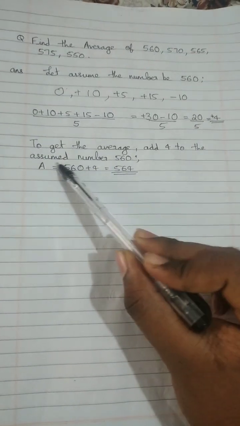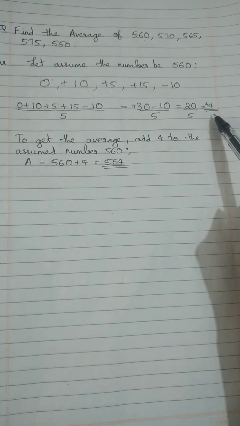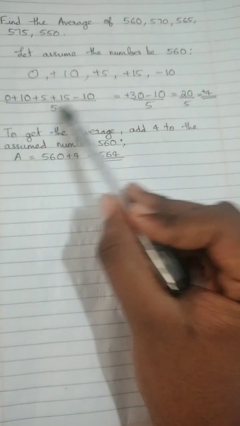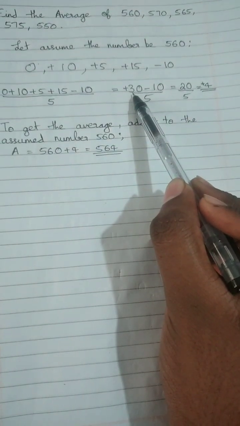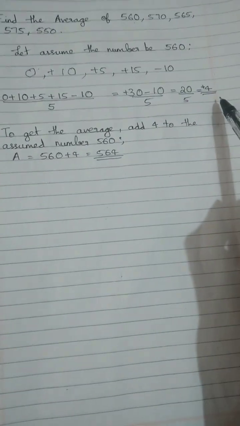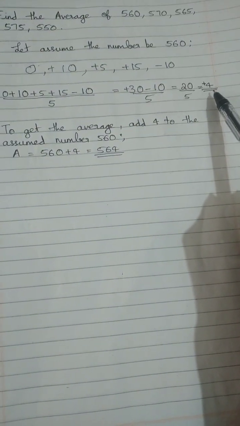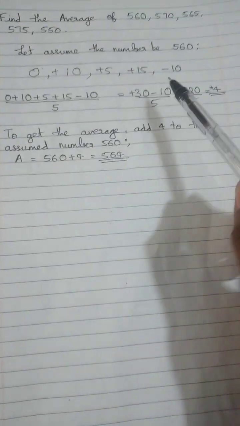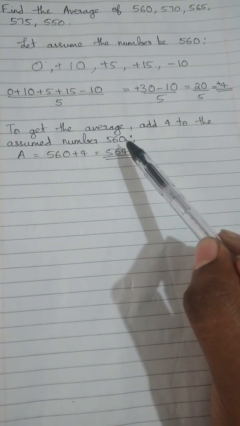To get the average, we get plus 4 as the answer, because the number of pluses was greater than the number of minuses. So we get the answer in plus. To get the average, we should add 4 to the assumed number, 560.